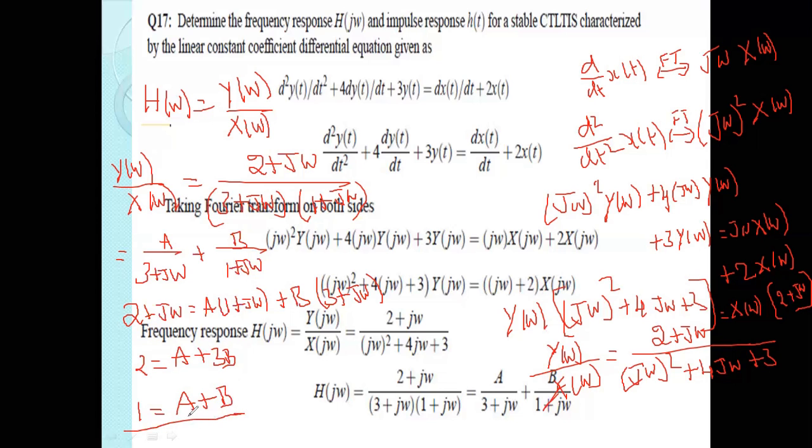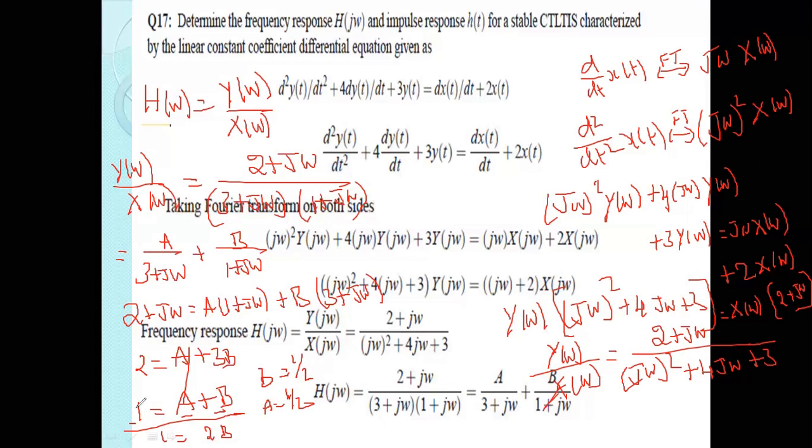Now subtract these two equations, we get b. 2 minus 1 is 1, a gets cancelled, 2b, b is equal to 1 by 2. So b is equal to 1 by 2 means a is also 1 by 2. A is equal to 1 by 2. Okay, my dear students.